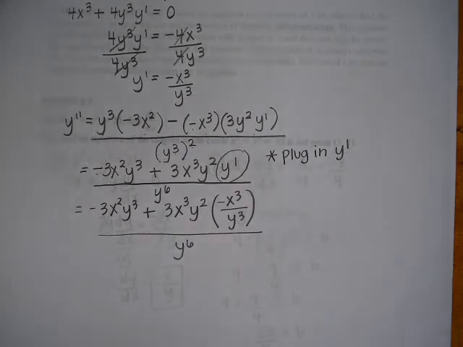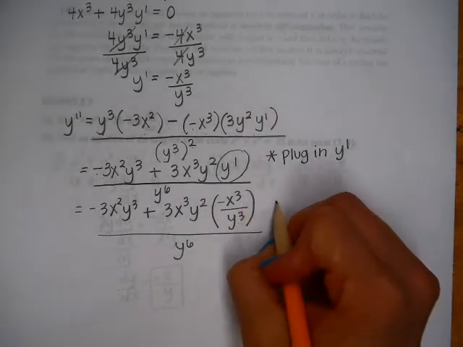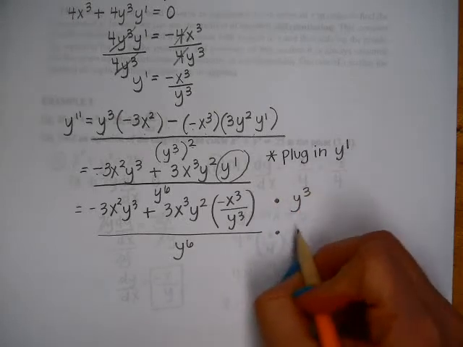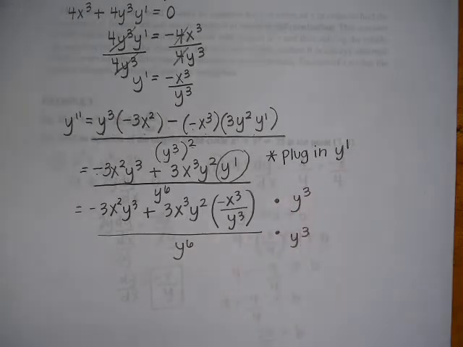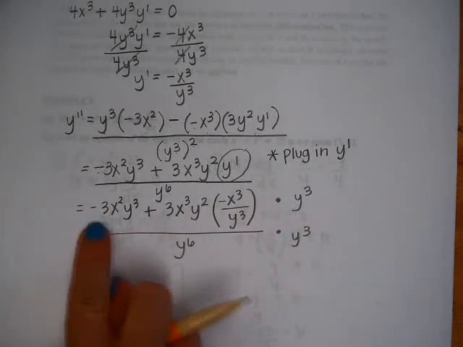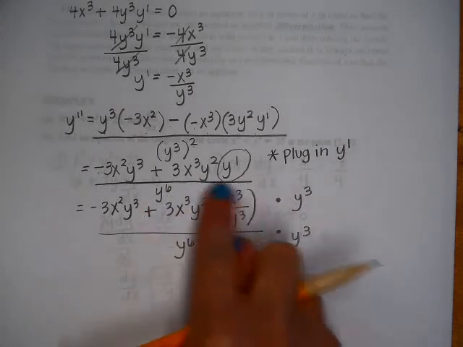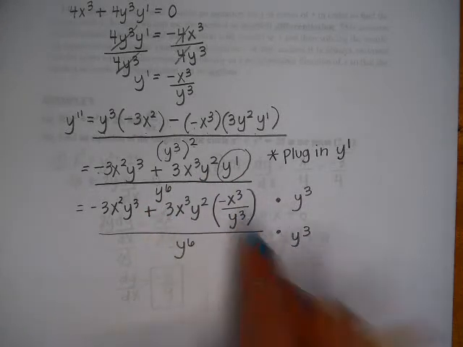Alright, so we do not want a fraction within a fraction, so to get rid of this, we would multiply the top and the bottom by y cubed. Okay? The top and the bottom by y cubed. So I'm multiplying y cubed times this, and I'm multiplying y cubed times all of this, okay? Because remember, that's all multiplied together.